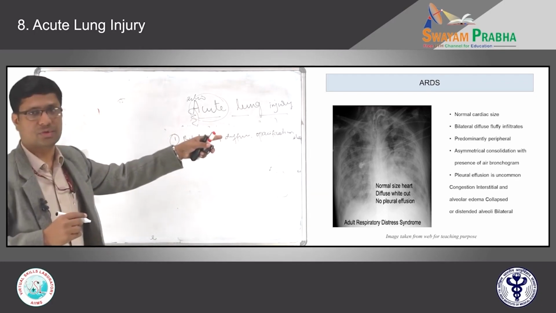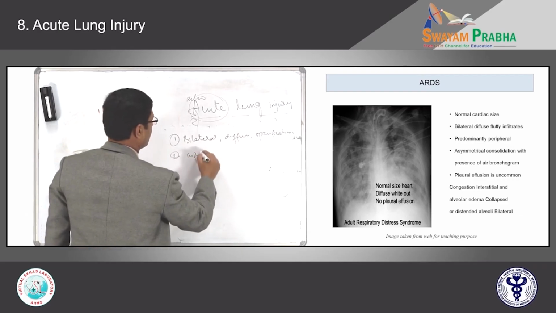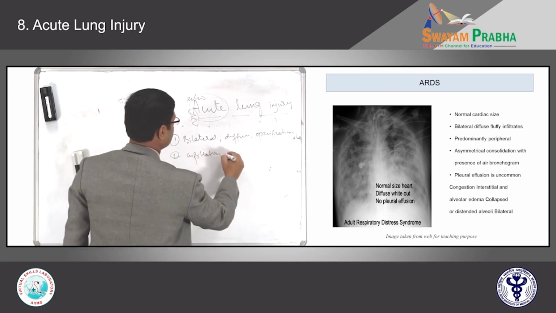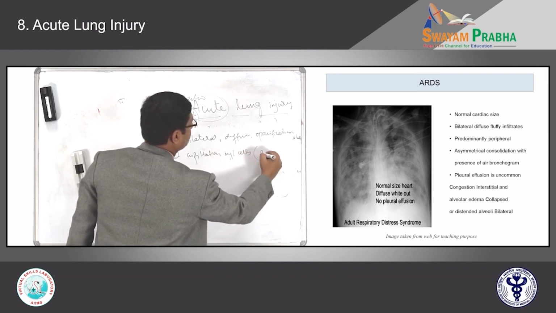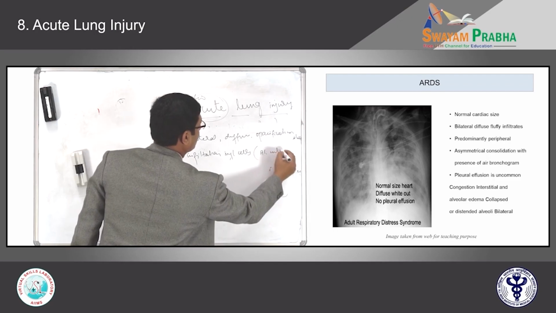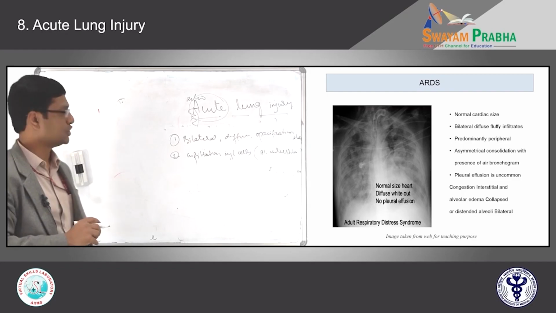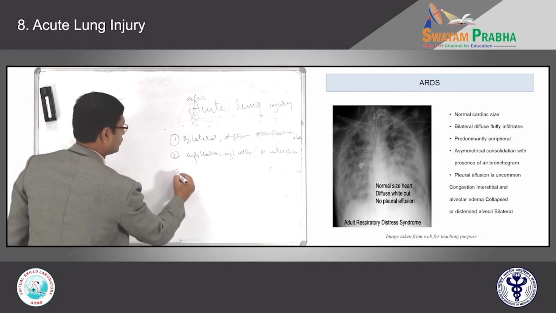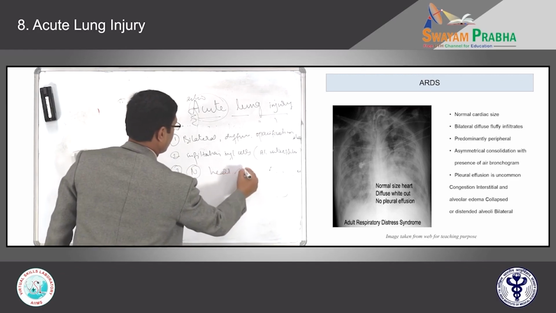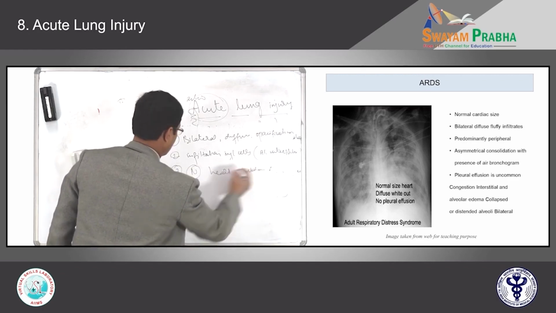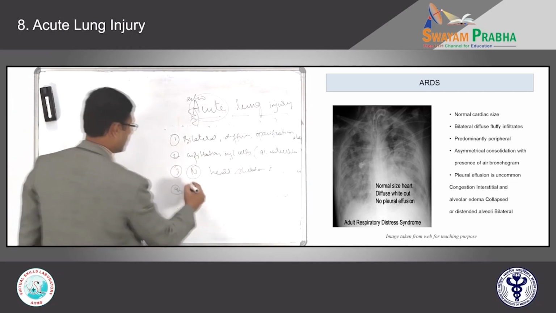Can you make out the diffuse? This is mainly due to infiltration of inflammatory cells in the alveolar interstitium. The heart shadow will be normal. There will be increased bronchovascular markings.